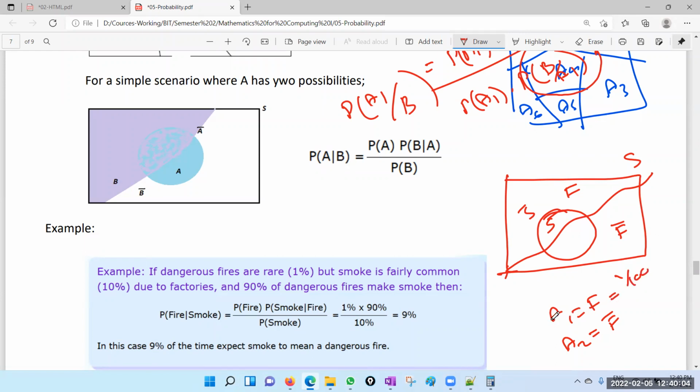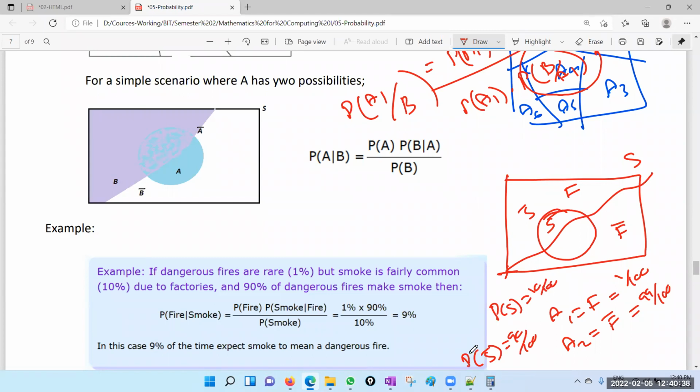The probability of not having fire is therefore 99 divided by 100. Smoke is fairly common, 10%, so the probability of S is 10 divided by 100. That means the probability of no smoke is 90 divided by 100.